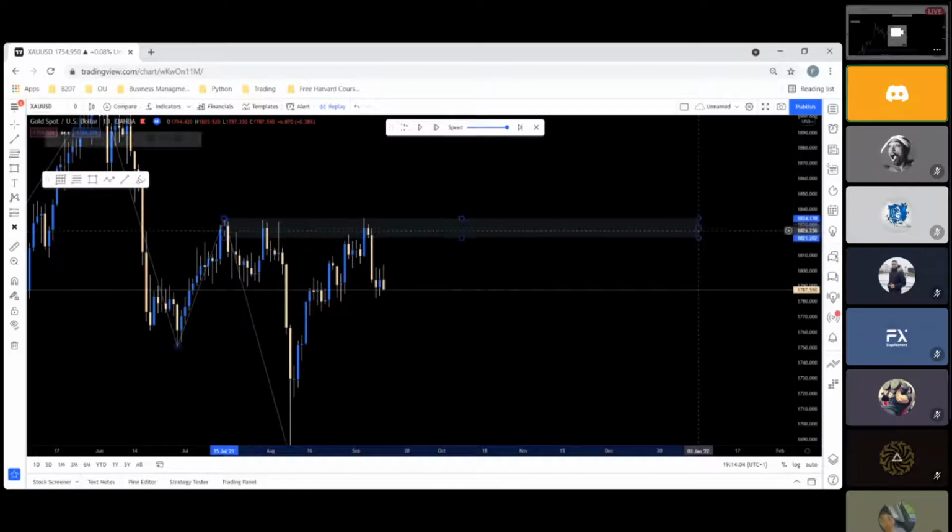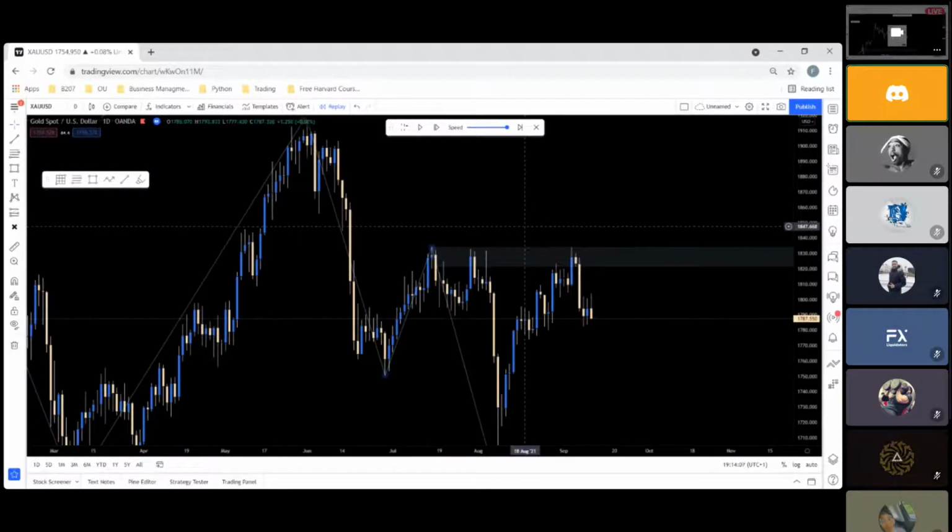I'll have a bias in place, and I sort of marry that bias. I don't know if that happens with any of you. Once you marry a bias on a psychological level, when it's not playing out how you intended, you find yourself getting into reckless trades.